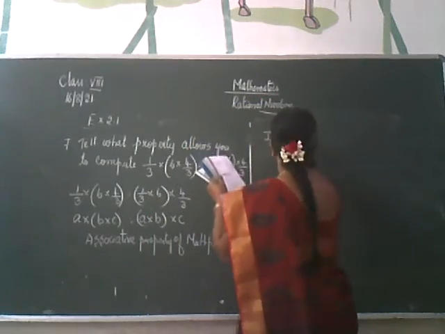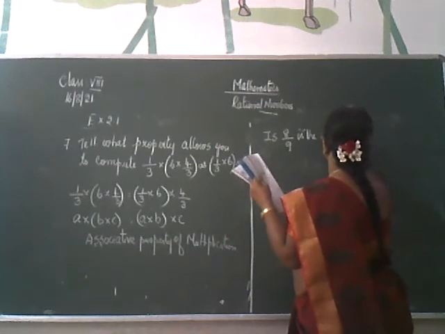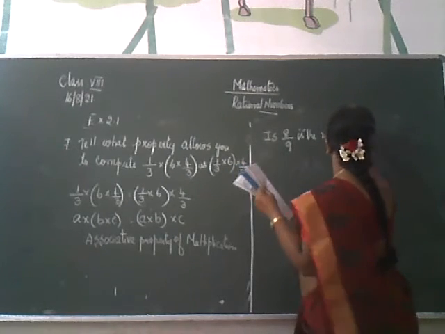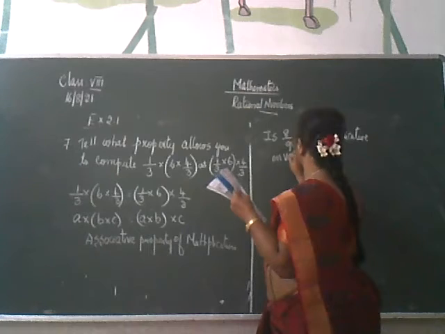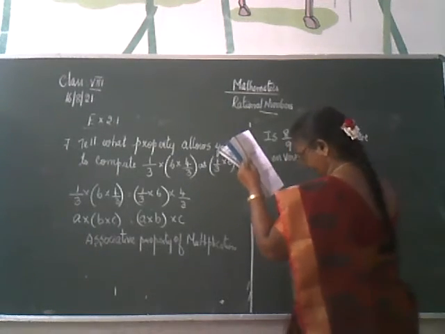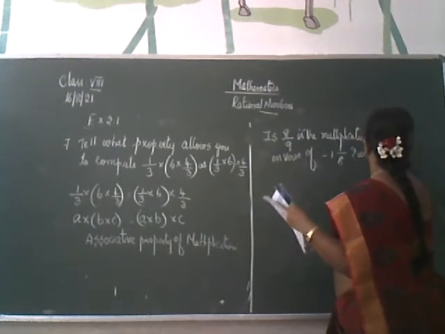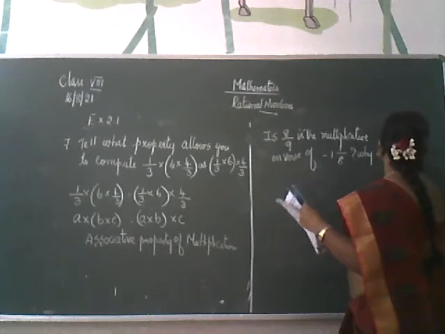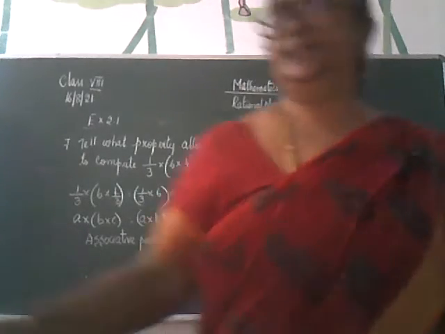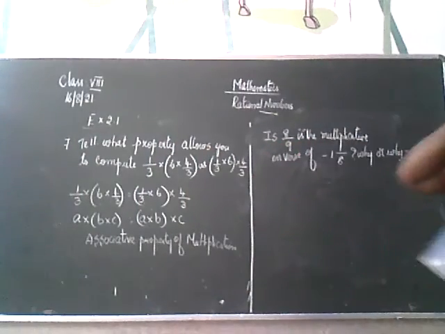Is 8 by 9 the multiplicative inverse of minus 1 by 8? So, what is the concept of multiplicative inverse? The result should be equal to 1.